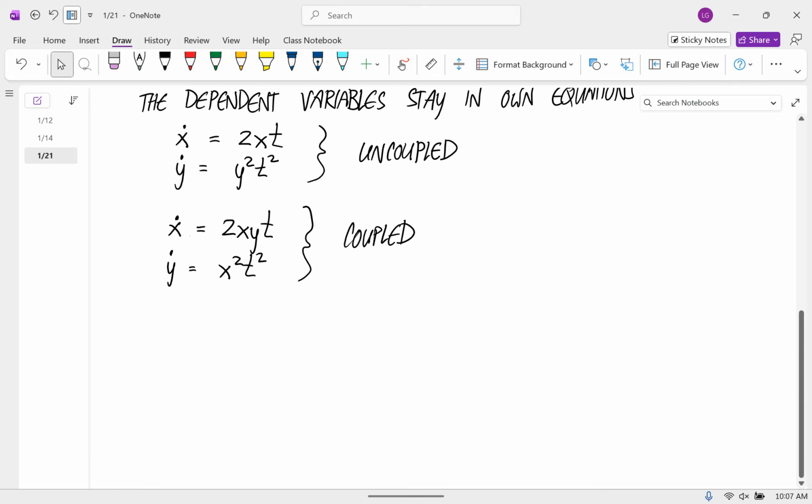Well, this can be written in matrix form, so I want to show you what that looks like. First, I just have to tell you how to do a simple matrix multiplication.